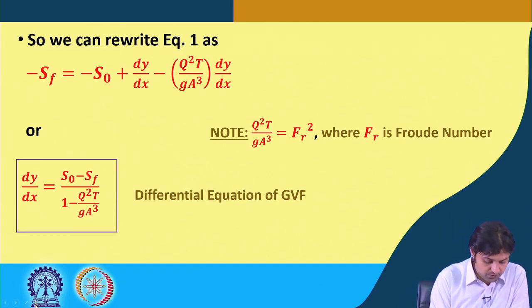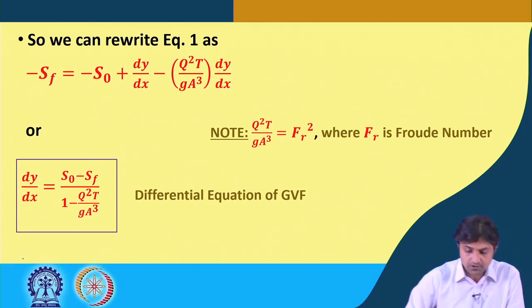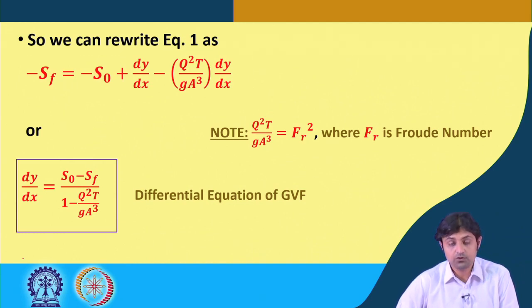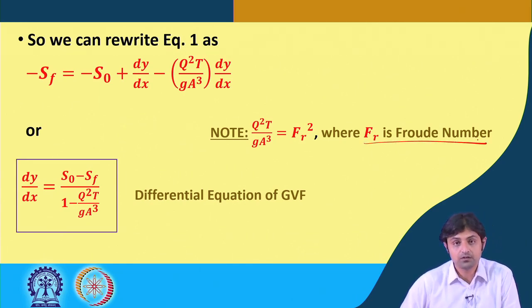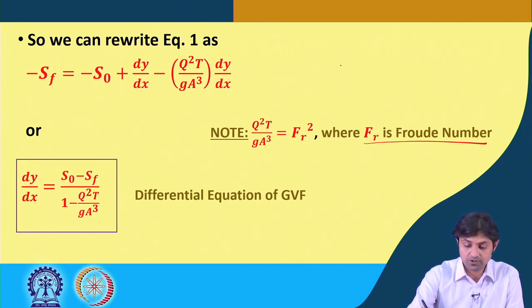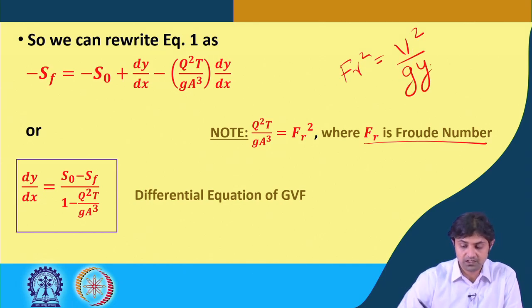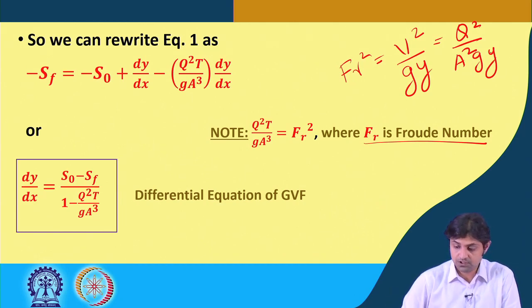Actually this value Q square T by g A cube is Froude number whole square, where Fr is the Froude number. You can try: Froude number whole square is equal to V square by g y. So it will be Q square by A square into g y.